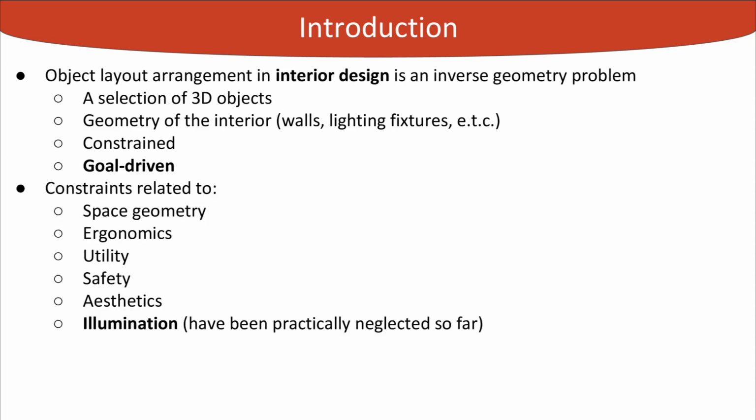Constraints with respect to space geometry, ergonomics, utility, safety, aesthetics, and illumination, which have been practically neglected so far. An automatic system should take these inputs and propose valid and optimal parameter states of the geometry with respect to these constraints and goals.